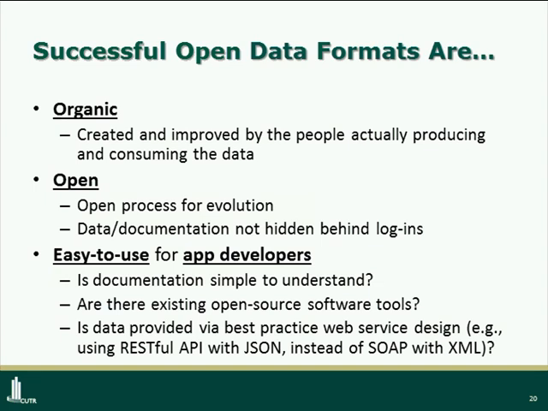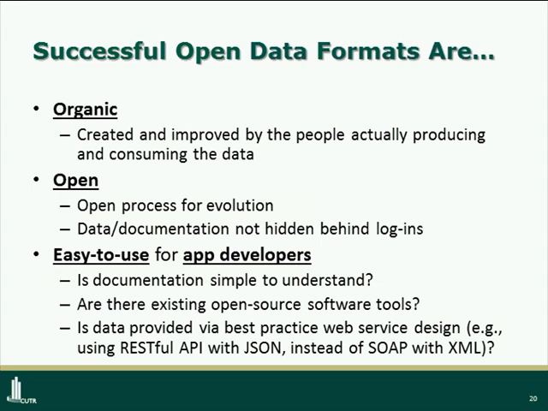At the end of the day, you can produce a theoretical standard, but unless you actually try to implement it and execute it in a programmatic environment, you're not really going to hit the issues that would prevent an actual producer from generating the data or an actual consumer from consuming it. So it's really important to have the people who are on the ground working with this data day to day be the ones driving the standard.